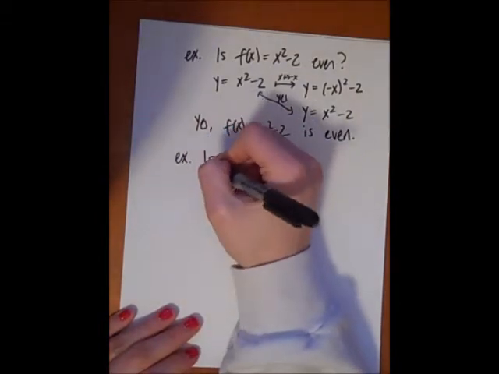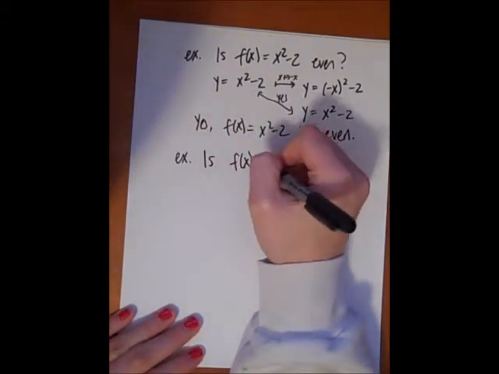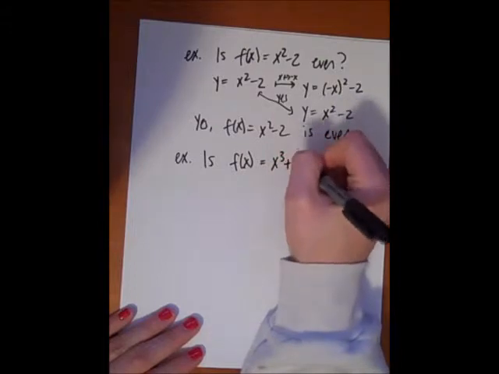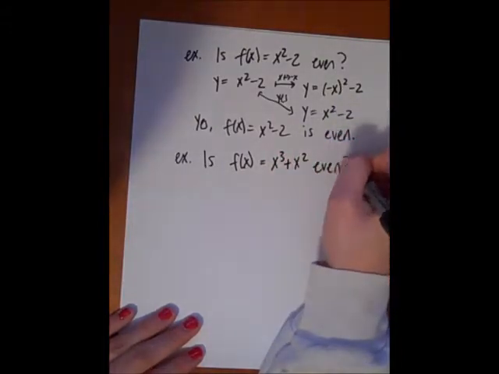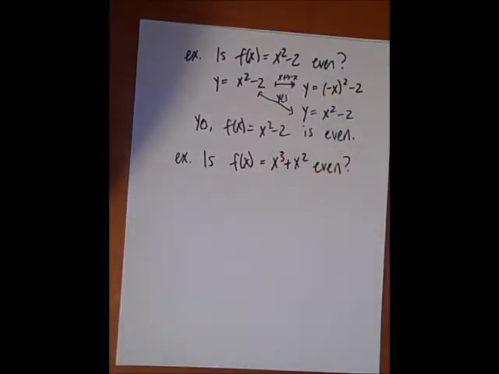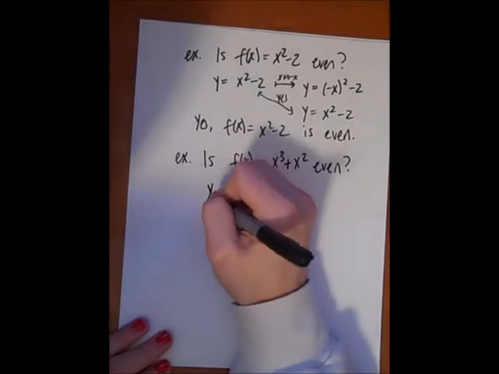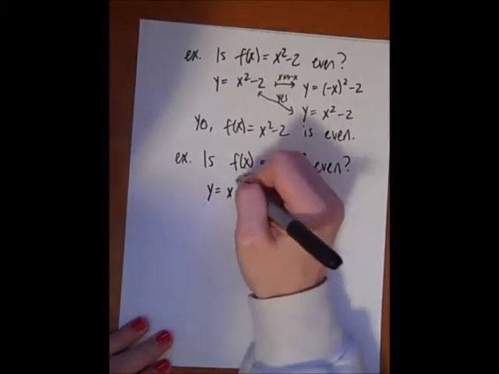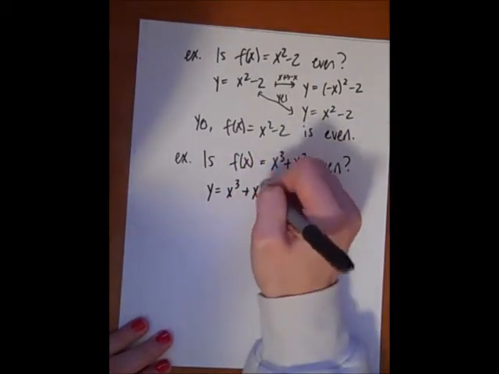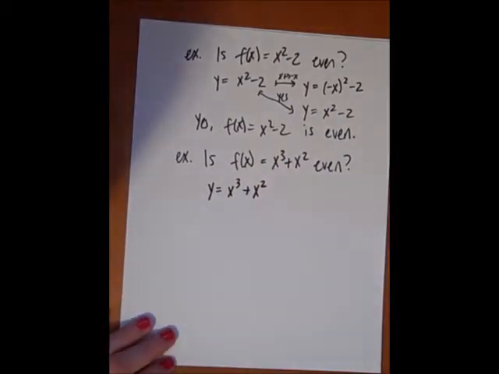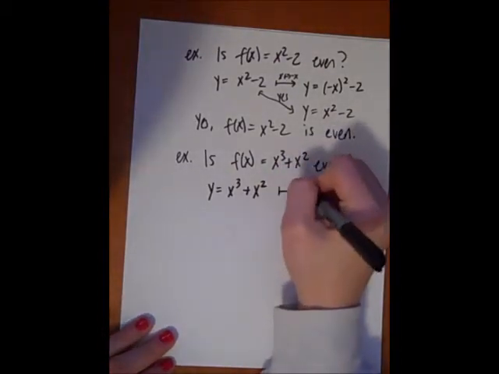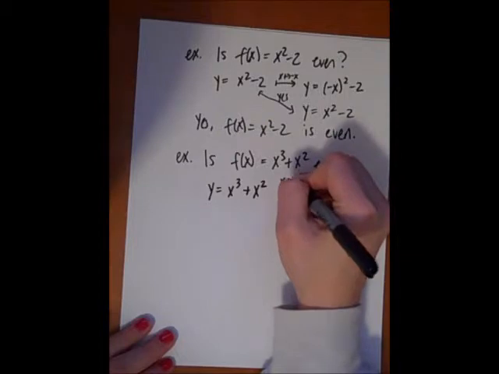Another example: is f of x equal to x cubed plus x squared even? Well, again, I don't have the picture, so I can't just say it's symmetric about the y-axis or it's not. So let's do it algebraically. Step 1, set y equal to f of x. Next step, replace x with negative x.